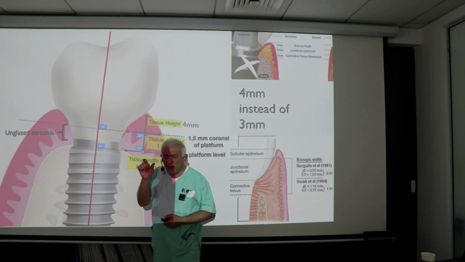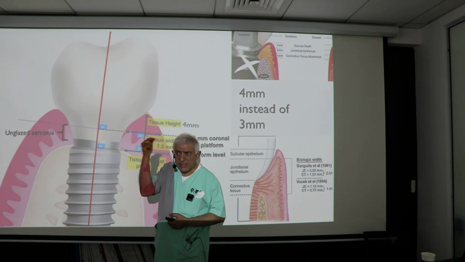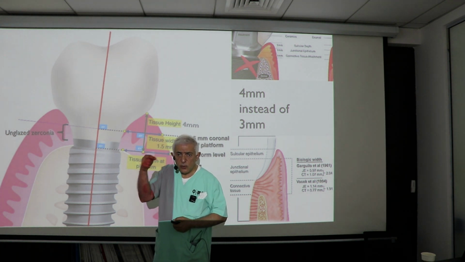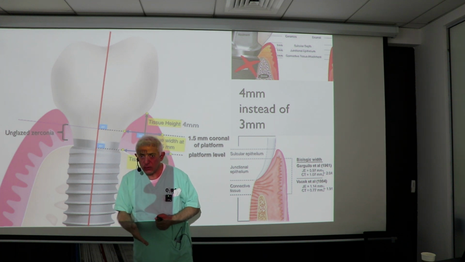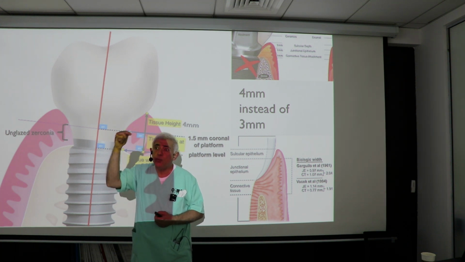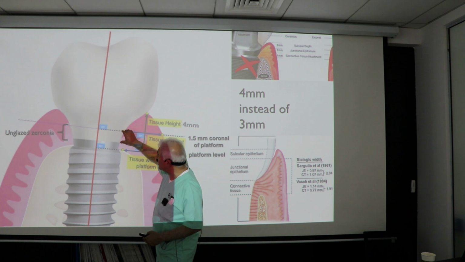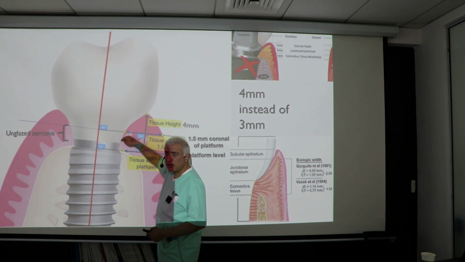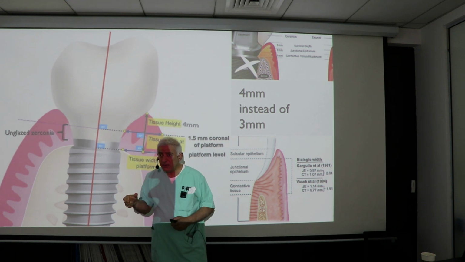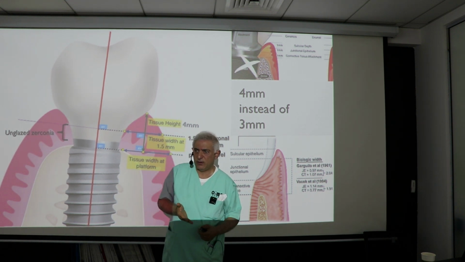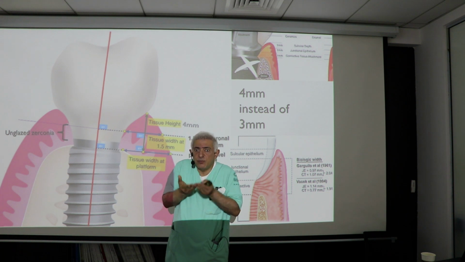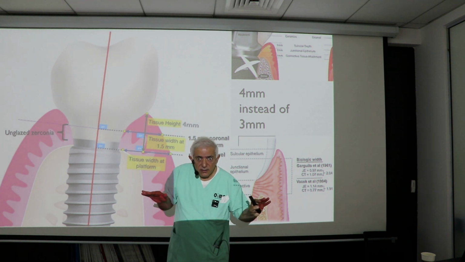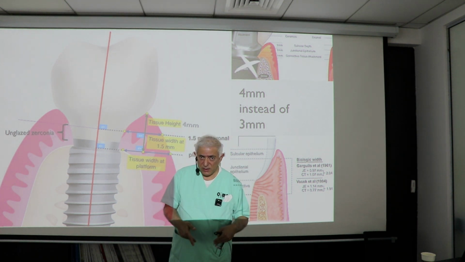Whenever there is a thick connective tissue, it signals to the osteoblast that we need bone. So there will be new bone formation under this concave area. Thick connective tissue invites bone, creates bone, which is not there, but because we went deep.